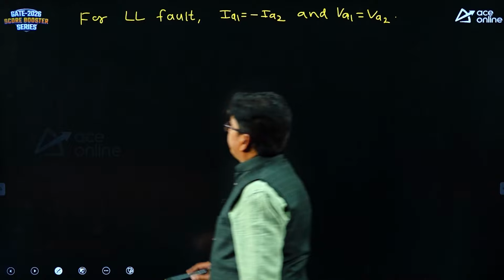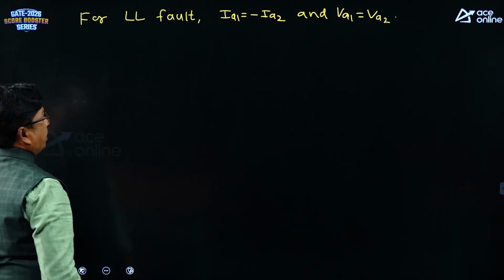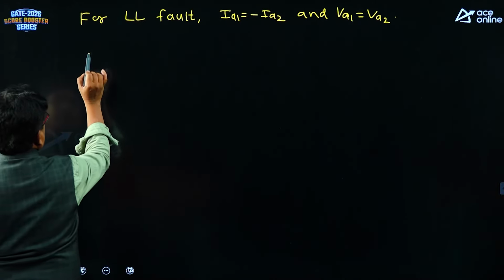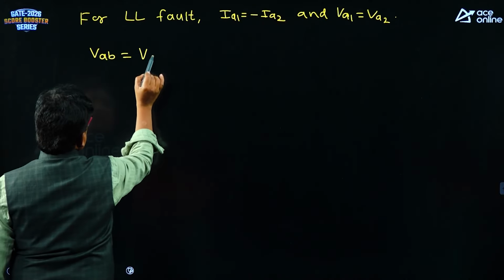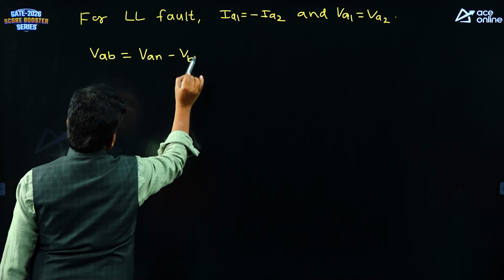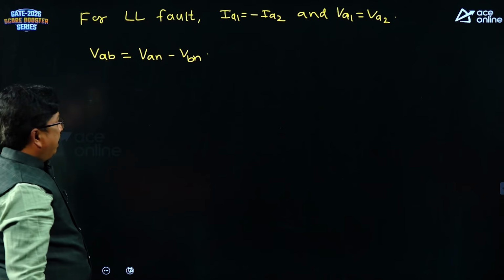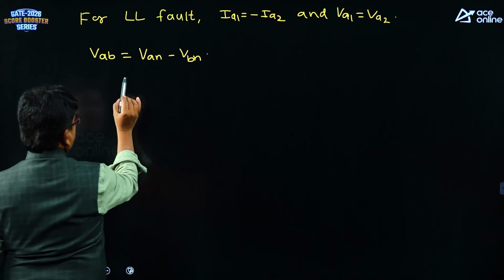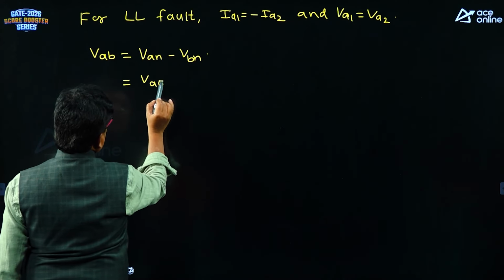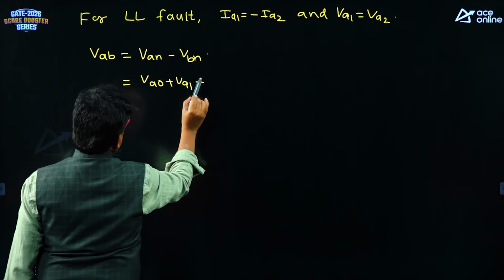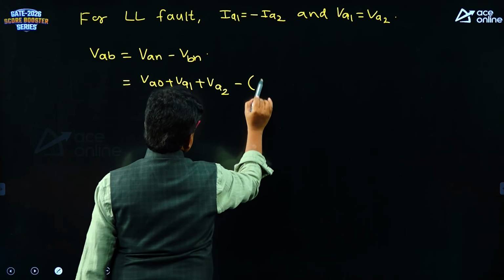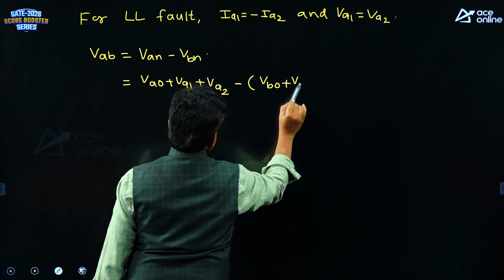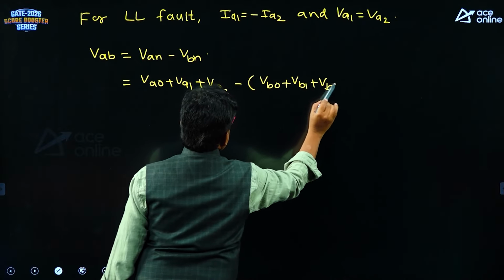Now just see here, in case of line to line fault, they are asking VAB. What is the value of VAB? It is VAN minus VBN. VAN is VA0 plus VA1 plus VA2, minus VBN which is VB0 plus VB1 plus VB2.